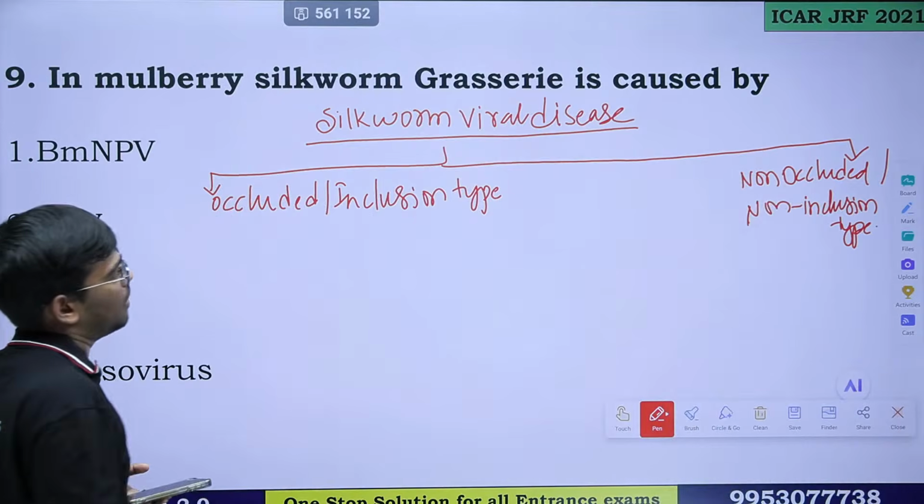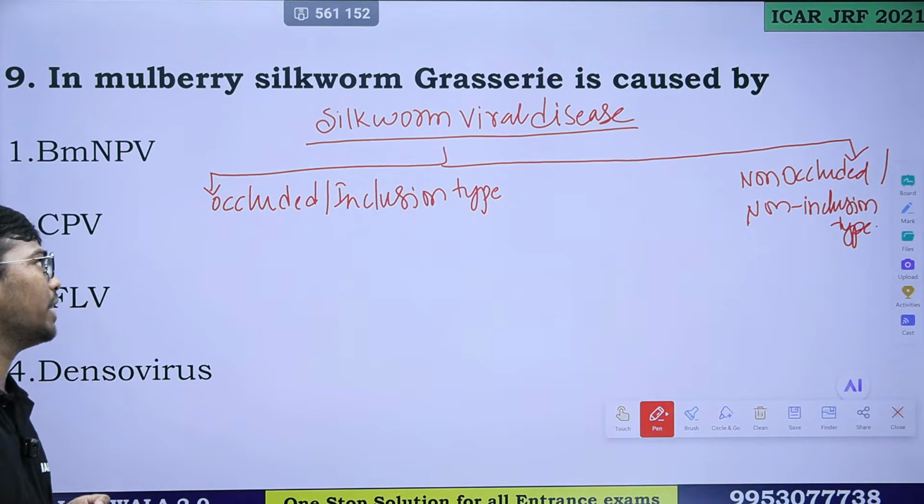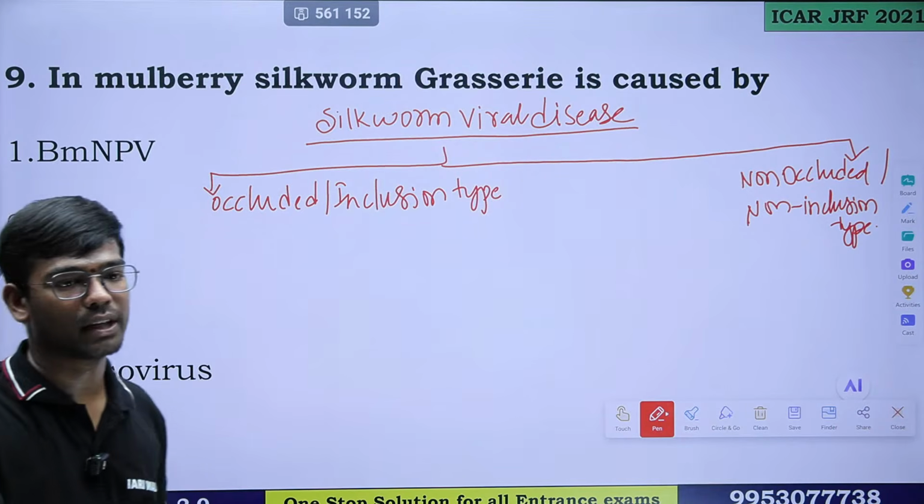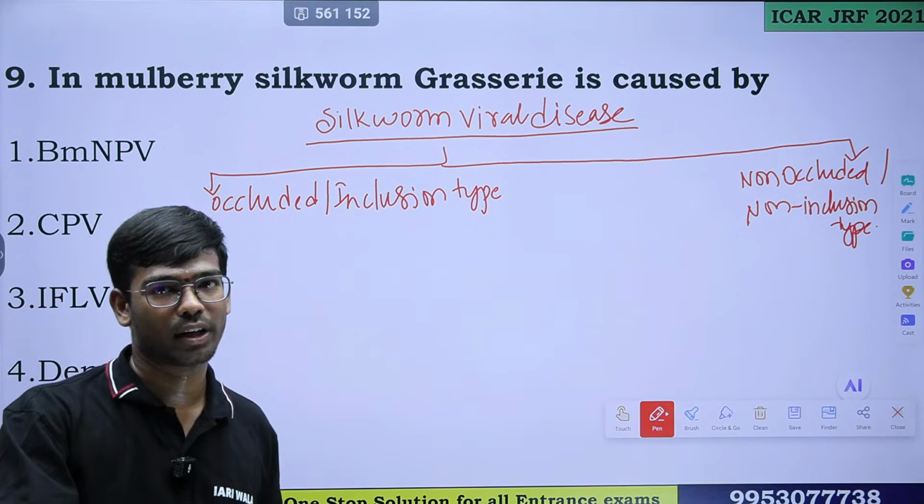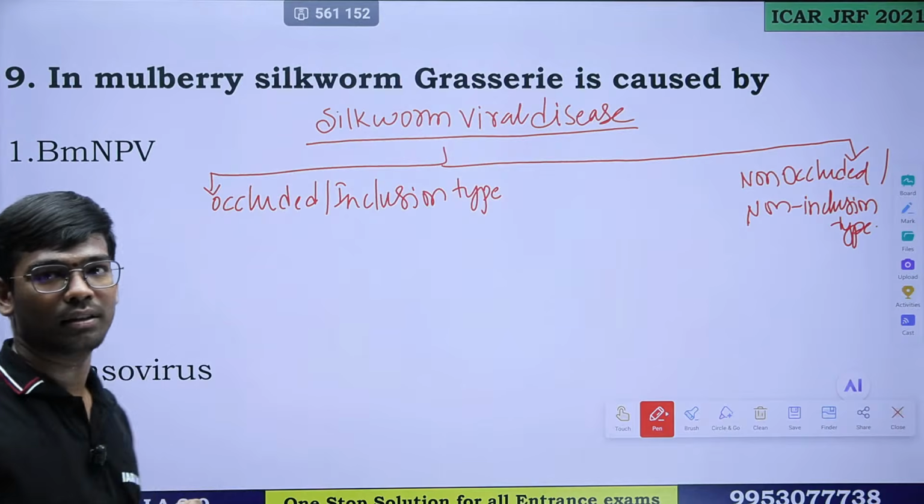Here, the silkworm viral disease can be classified into two again: the occluded or inclusion type, and the non-occluded or non-inclusion type.